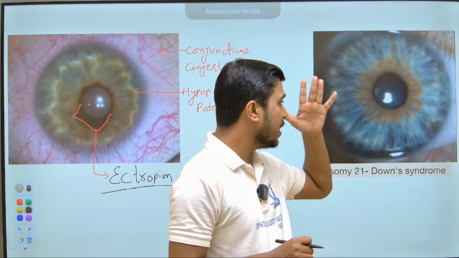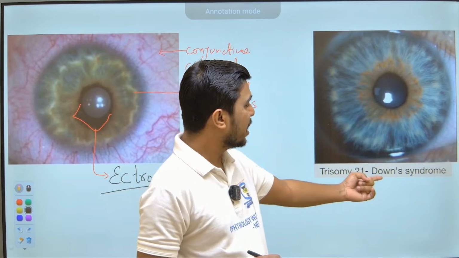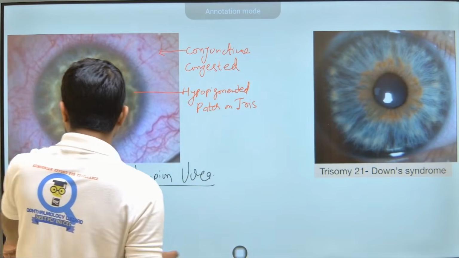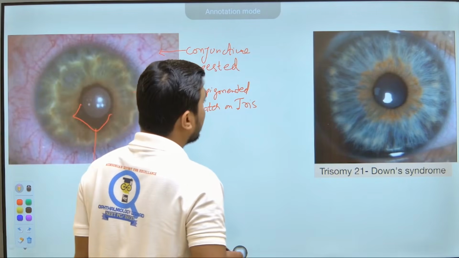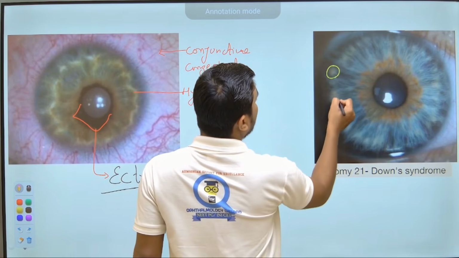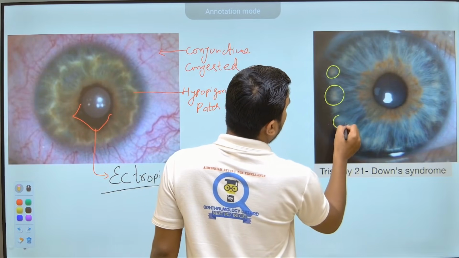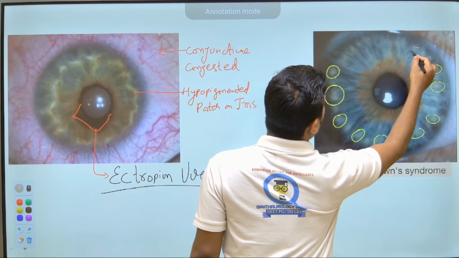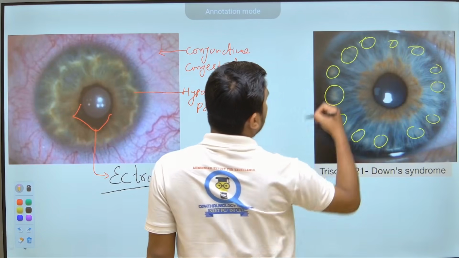Coming to this very important point: the patient has trisomy 21, that is Down syndrome, and this picture is coming. What you are observing in this picture is this hypopigmented patch. See, it is everywhere, here and here. On the periphery of the iris, there are many hypopigmented patches. Understood?